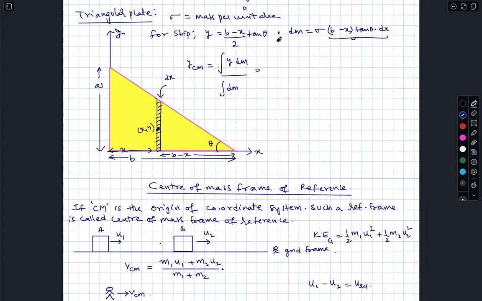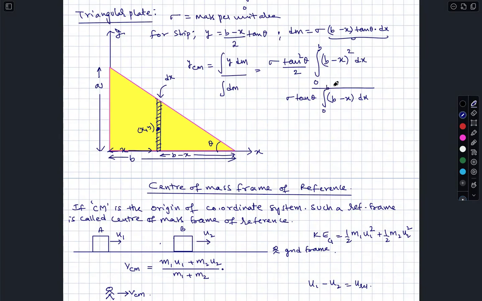So by substituting all the terms here, just taking care of all these things, you will get something like this. This product together, sigma tan square theta by 2, (b minus x) square dx from 0 to b, divided by integral dm, sigma tan theta times (b minus x) dx from 0 to b.